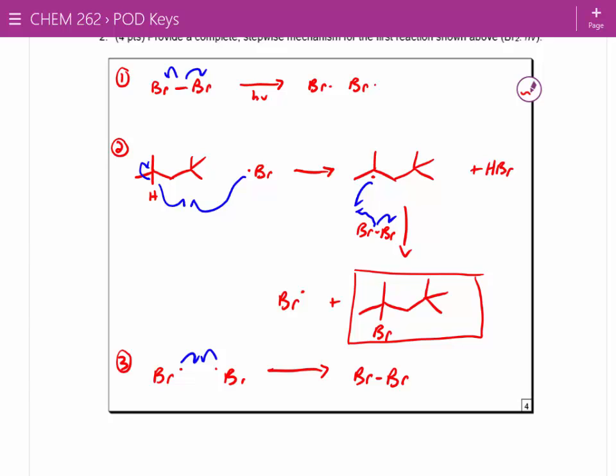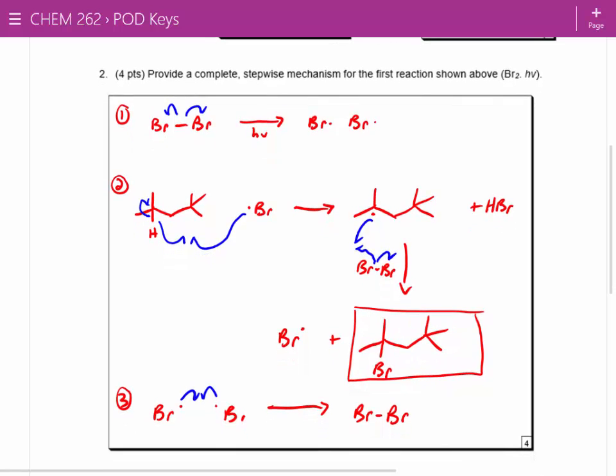For the last steps, are there going to be problems where it's not just halogen atoms coupling? So you can have your halogens couple, you can have your alkyl radicals couple, or you can have your halogen radical and your alkyl radical couple. You can show either one of those. It really doesn't matter to me.